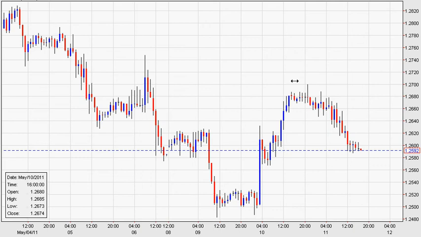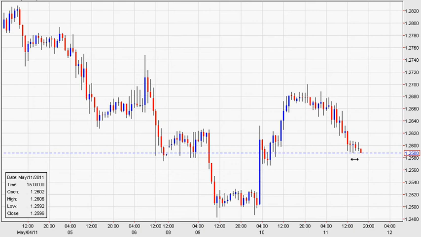Now we have a clear impulsive pattern, and since then we've been correcting in a very choppy manner. It makes the direction look pretty clear on this, and you have a pretty low risk long here if you want to take it.